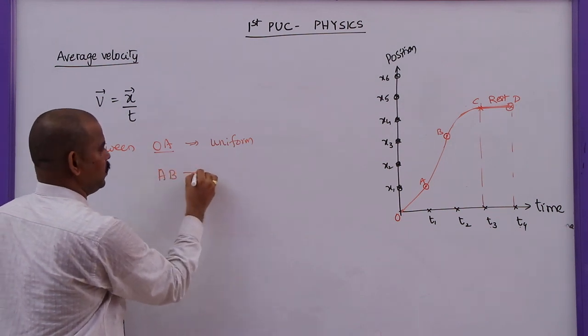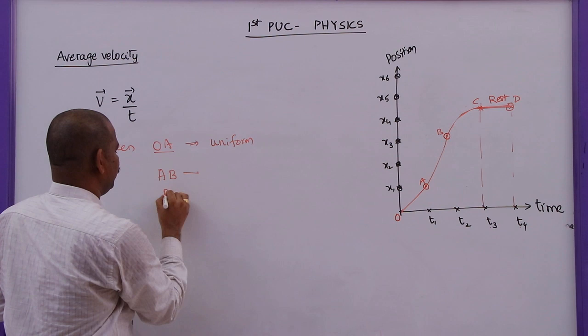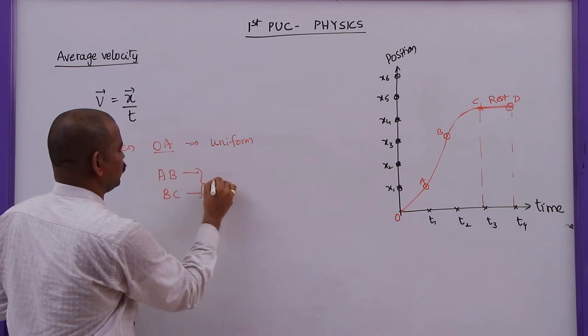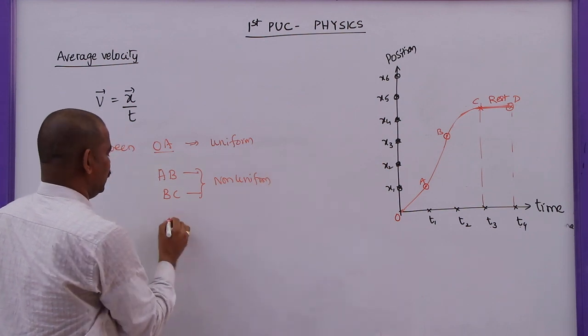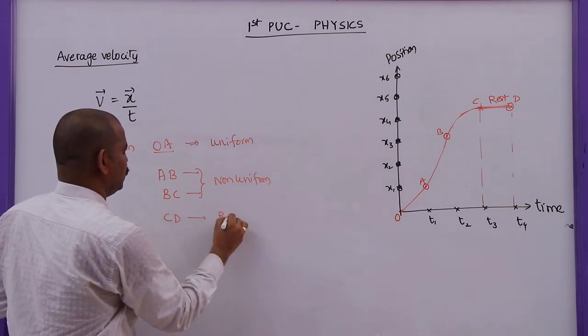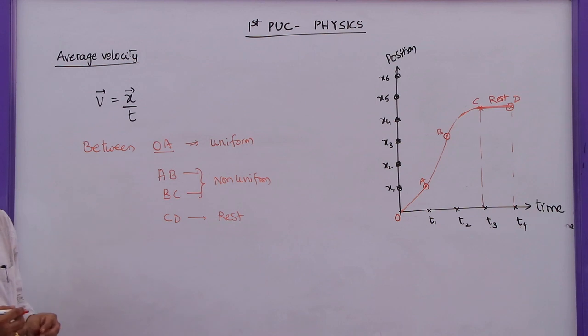Between A to B as well as from B to C, the motion is non-uniform. And between C to D, the body is at rest. It is not in motion.